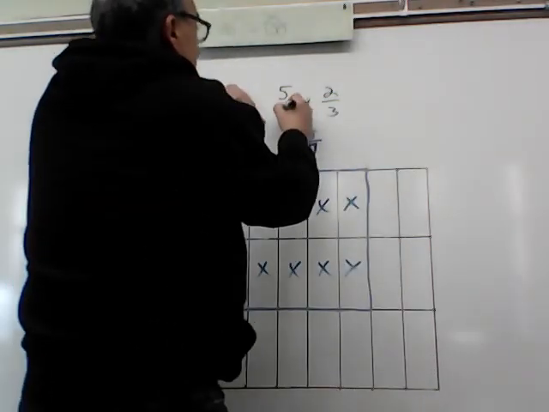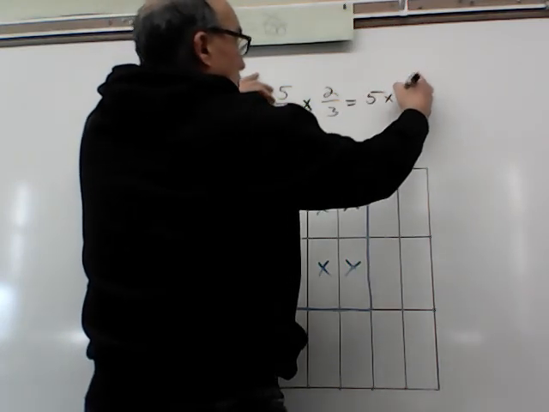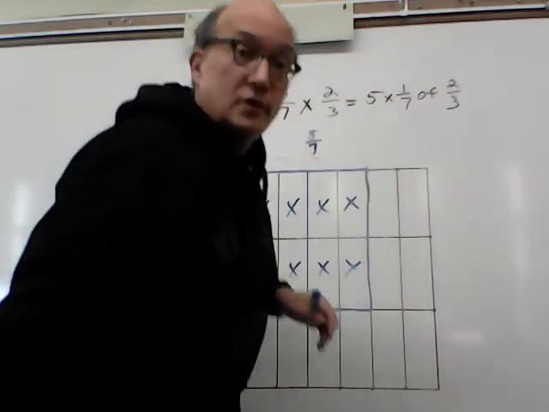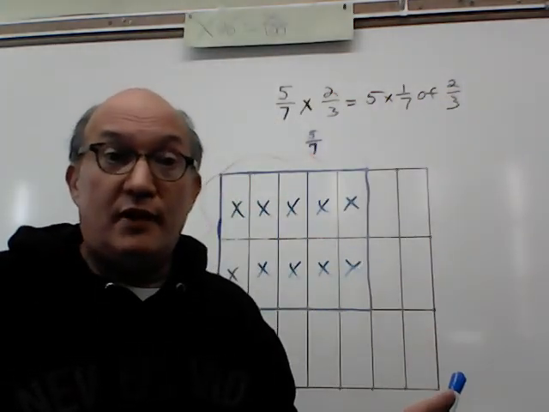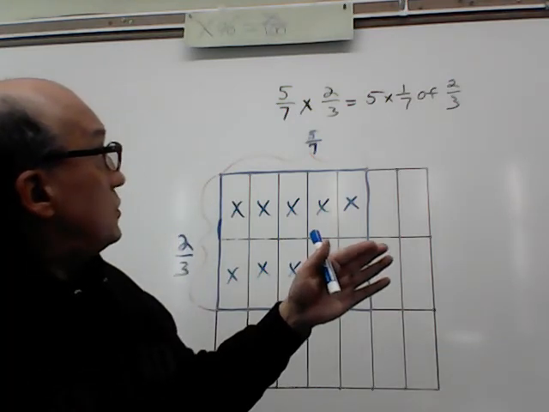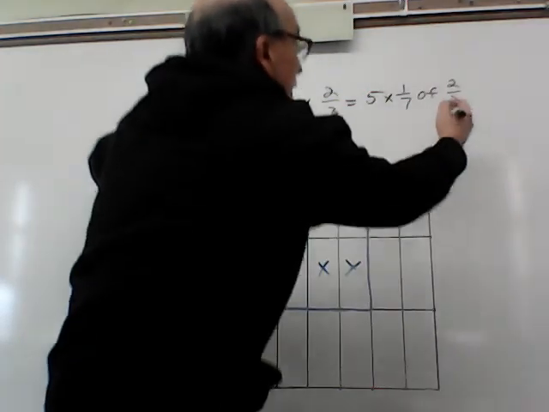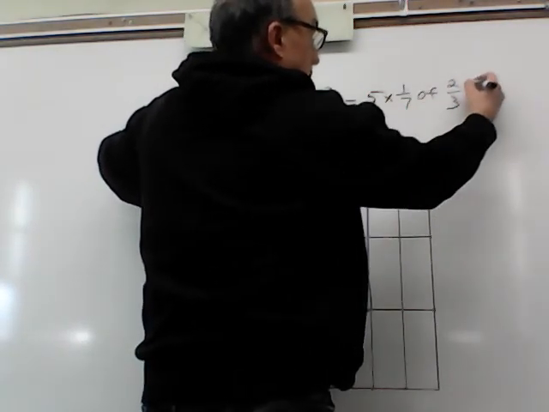We would see this as being 5 times 1/7 of 2/3, right? 5/7 is 5 times 1/7. So 5 times 1/7, and then of 2/3. And again, we want to make an equivalent fraction here now because of that denominator of 7.